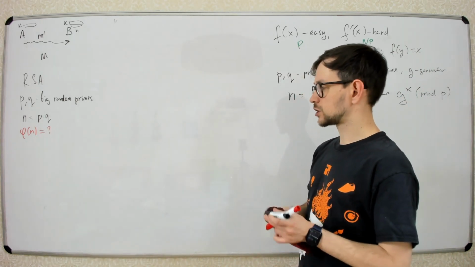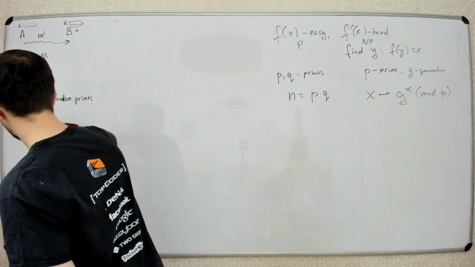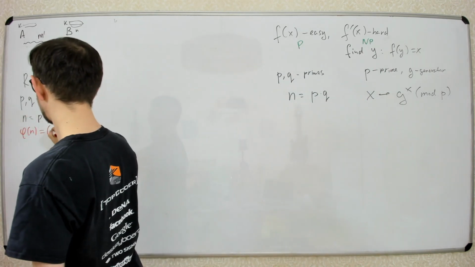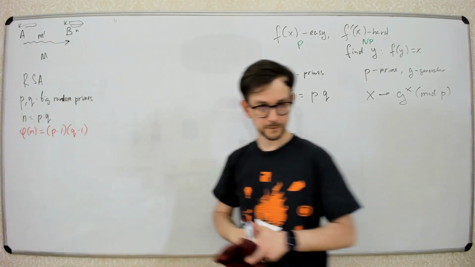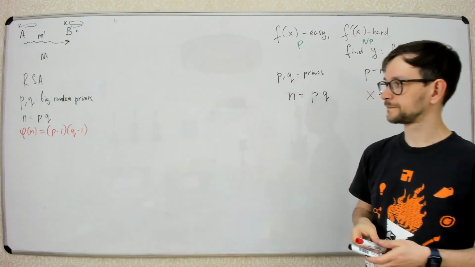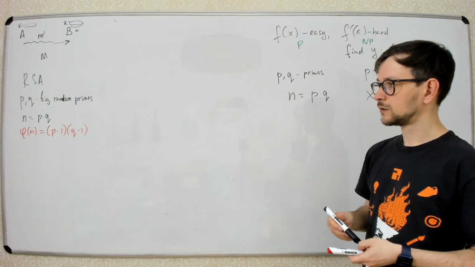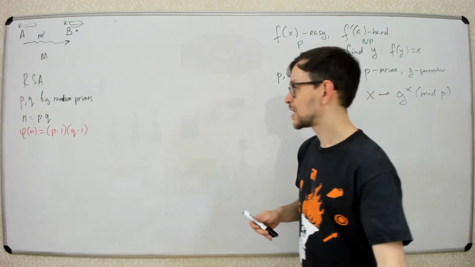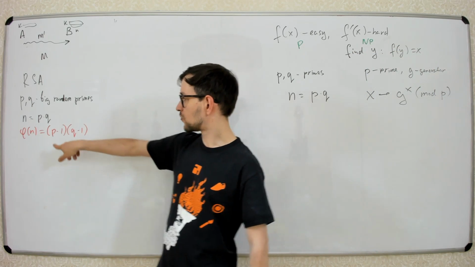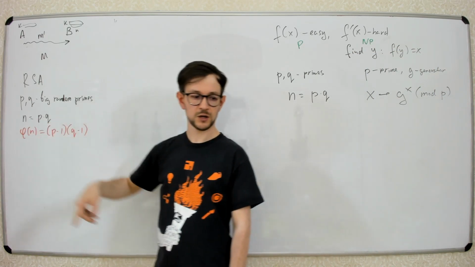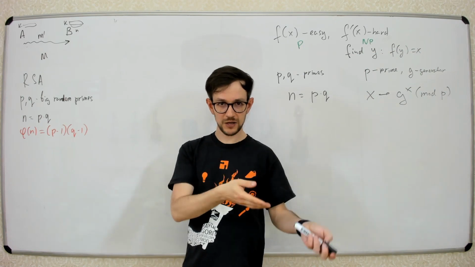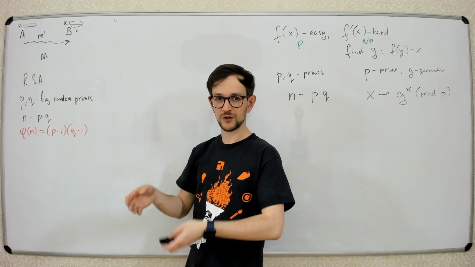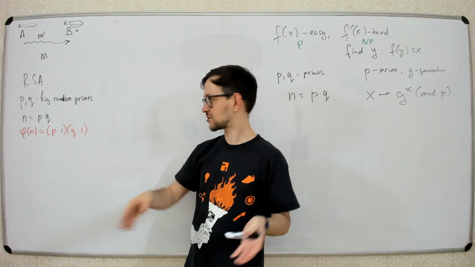It's quite easy to see that the number of these co-prime numbers is p minus 1 multiplied by q minus 1. You want to calculate the number of integers co-prime with n. These are all integers except all integers divisible by p and all integers divisible by q. So you just calculate the number of these integers and you get this formula.